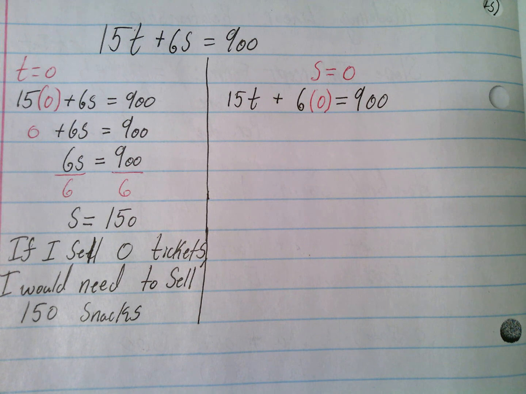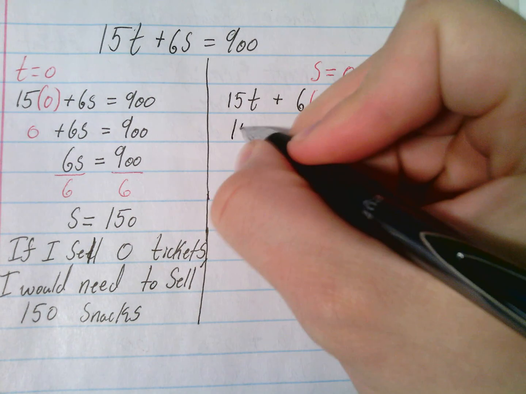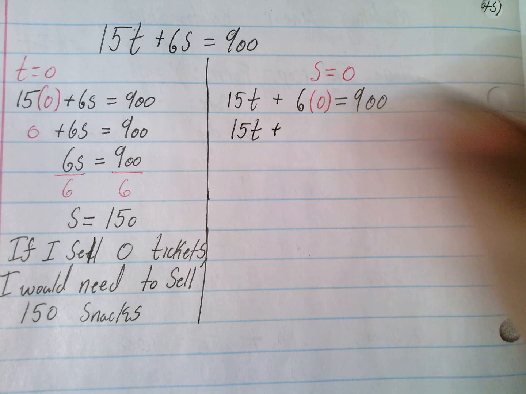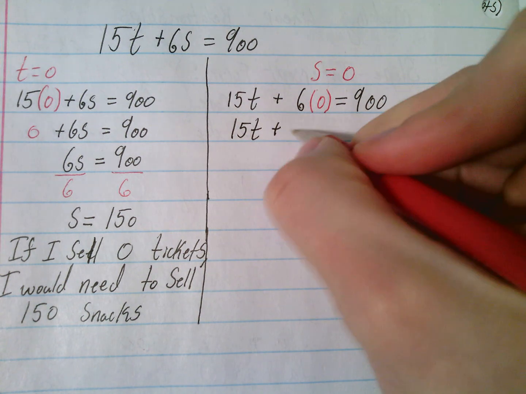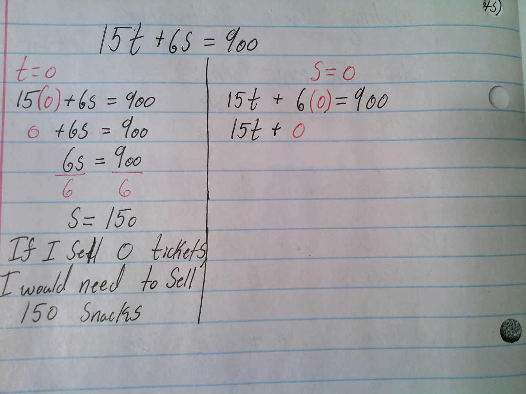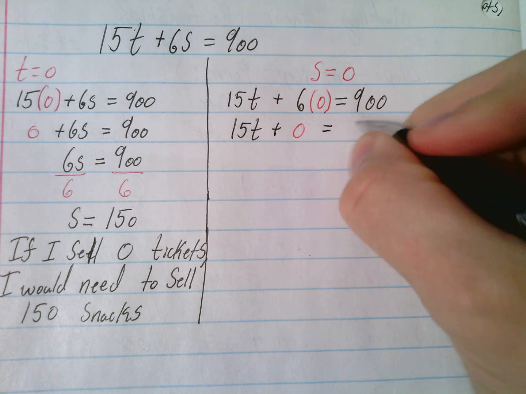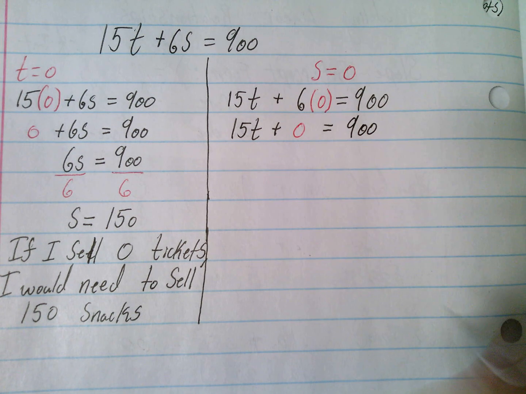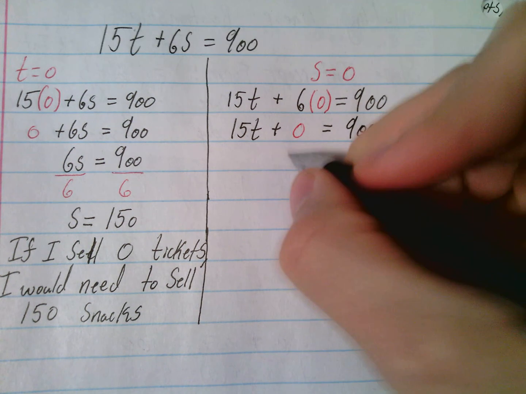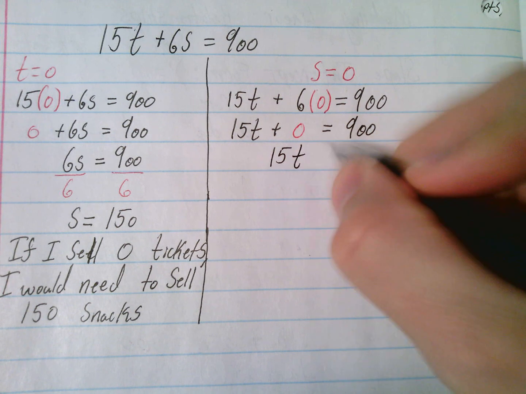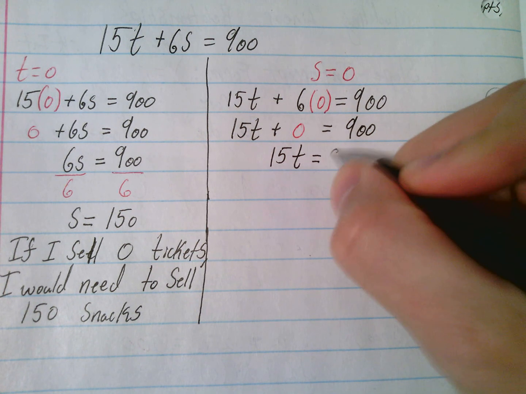I plug 0 in for s. Well, 6 times 0, that's 0. So that's 15t plus 0 is equal to 900. Well, 15t plus 0, that's just 15t. Still equal to 900.